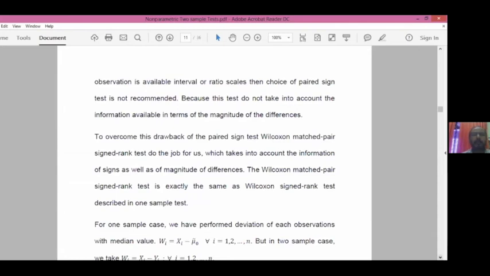To overcome this drawback, the Wilcoxon matched-pairs signed rank test does the job for us, which takes into account the signs as well as the magnitude of differences.